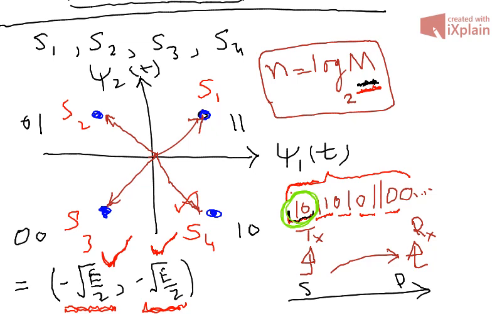We can compute from these coordinates that the length is actually the energy of the signal, because each side is E over 2. If you find this side, it is under root E over 2. So each side is under root E over 2.